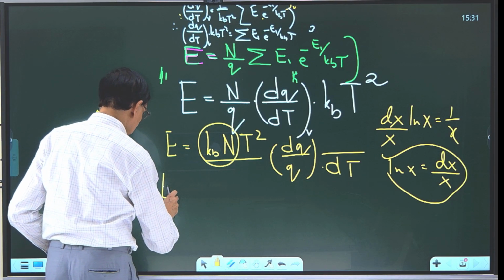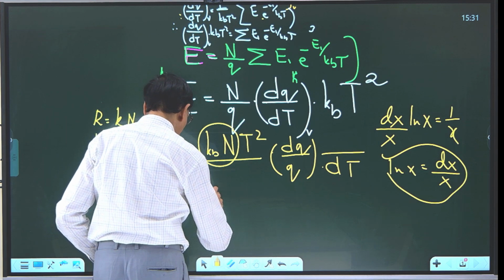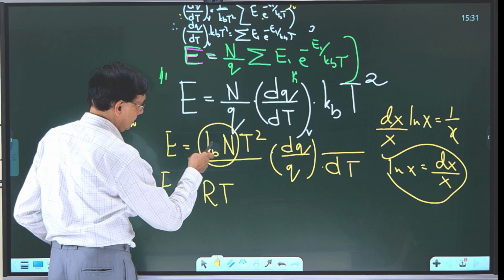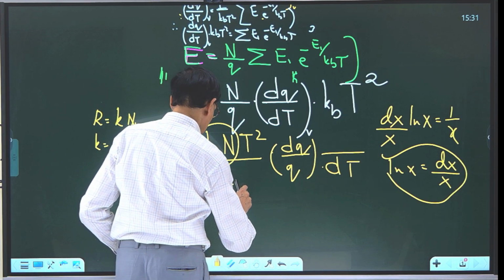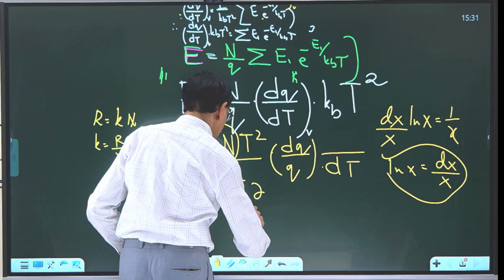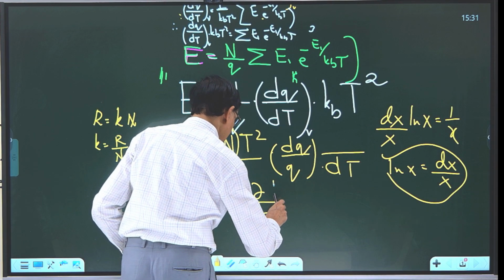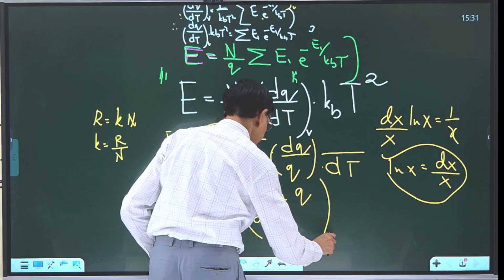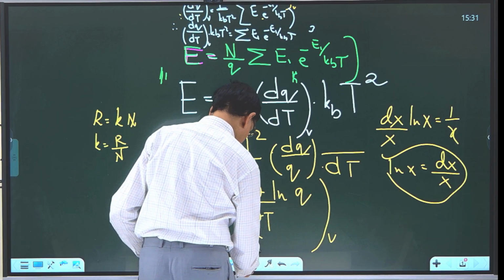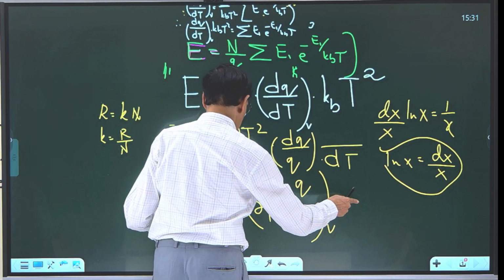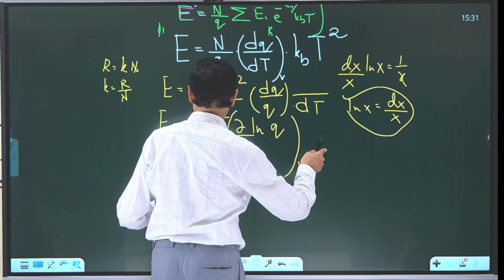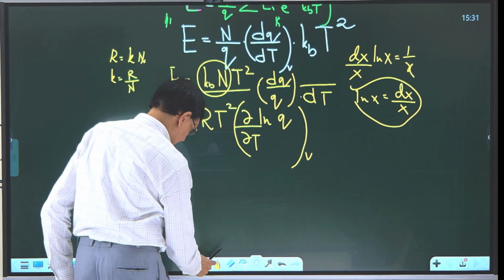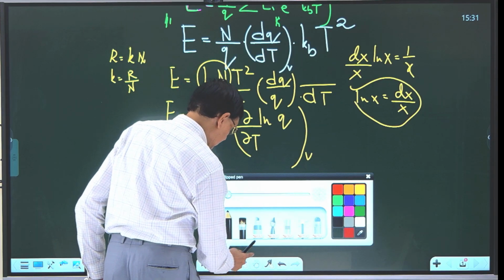So final formula K is equal to RT square, R, from where I get R, KB and N. K means Boltzmann constant, RT square d by dt natural log of Q at constant volume. So this is the final formula of internal energy.